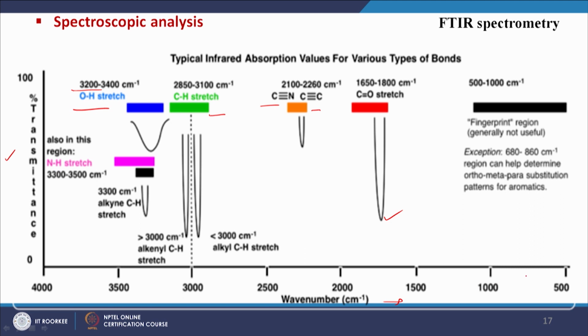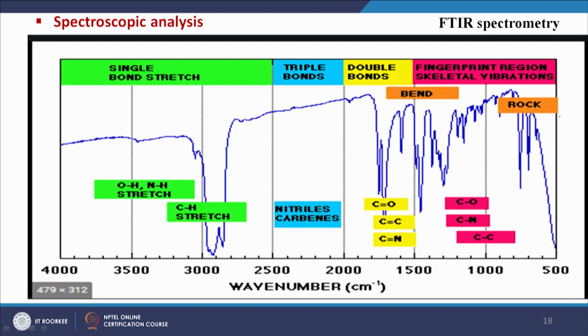And in this range, say 500 to 1000, this is basically the fingerprint region, and this is not that useful for organic compounds. This is another example. Here also single bond stretching, triple bonds, double bonds.